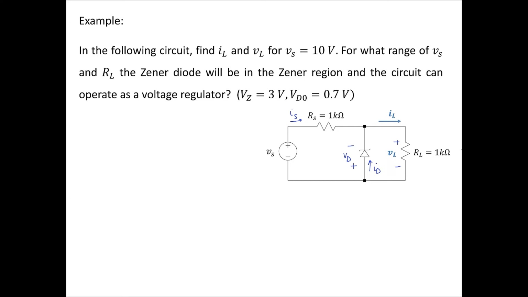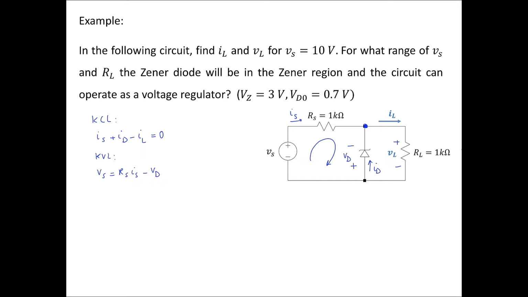With that, we can write the KCL for this node here. KCL tells me that IS that enters the node plus ID that enters the node minus IL which leaves the node is equal to 0. I can write one KVL in this loop, and that tells me that VS is equal to RS times IS minus VD.